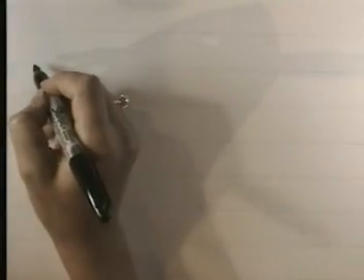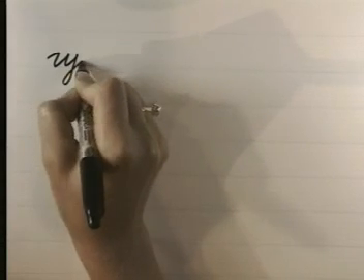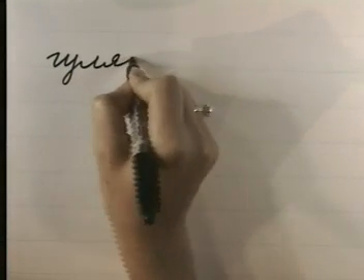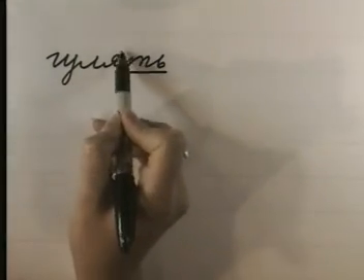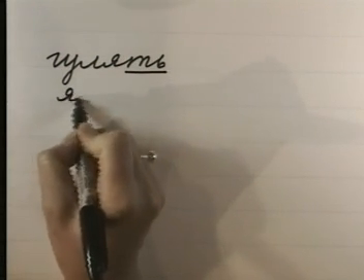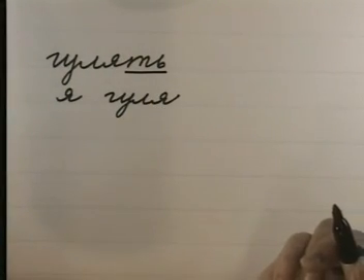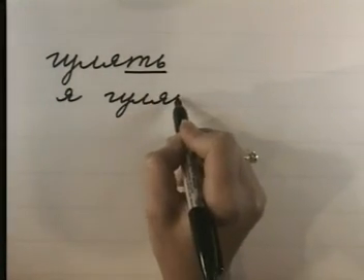So let's go straight to cursive writing and we will write this down. Итак, the verb that we are working with is гулять. You know, ть, the soft sign, is our infinitive ending, so we are working with this part of it. Я гуля, and what should I do now? I need a verbal ending. Гуляю.